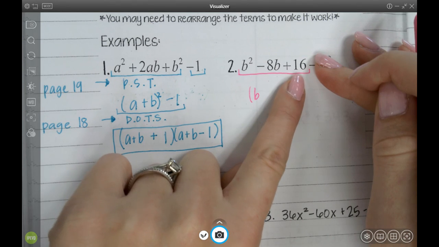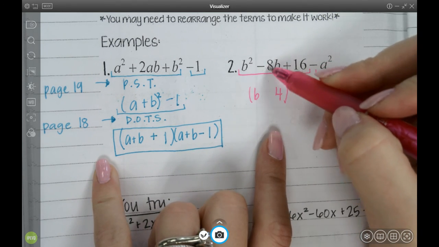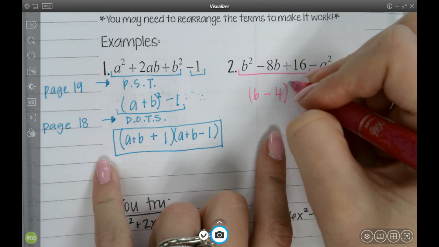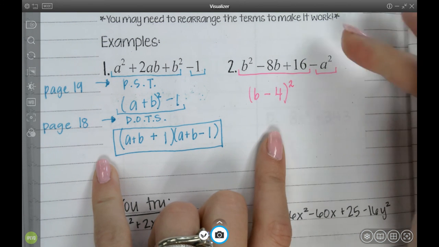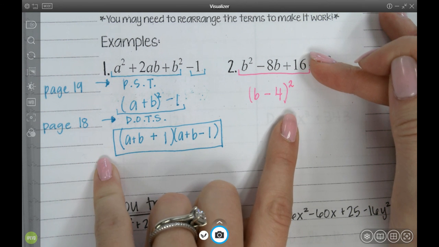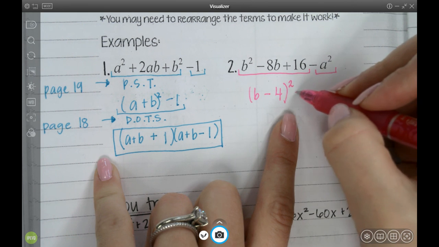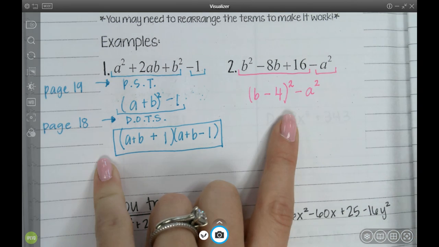Square root of 16 is 4. It's the same sign. So you have b minus 4 squared. And then this minus a squared, you cannot factor because it's its own thing, right?